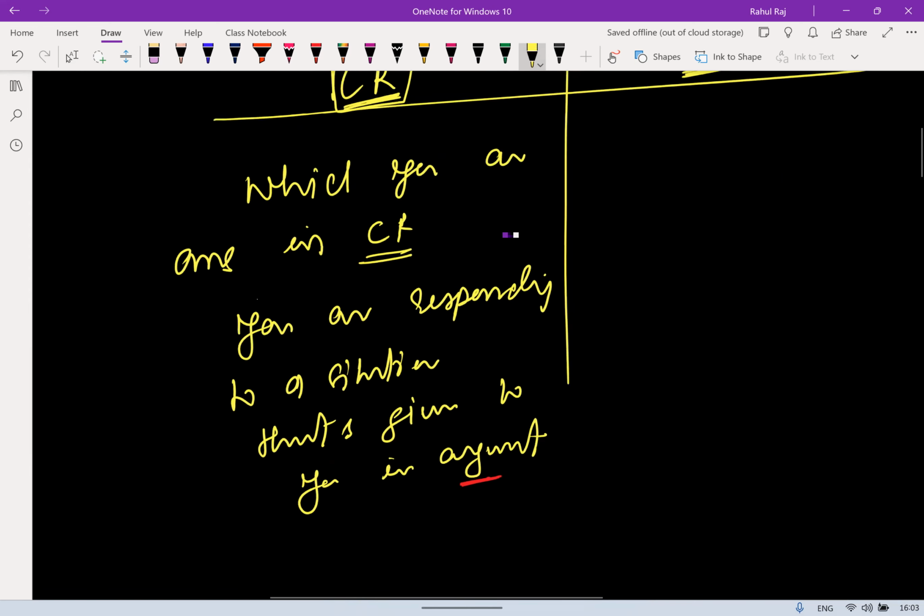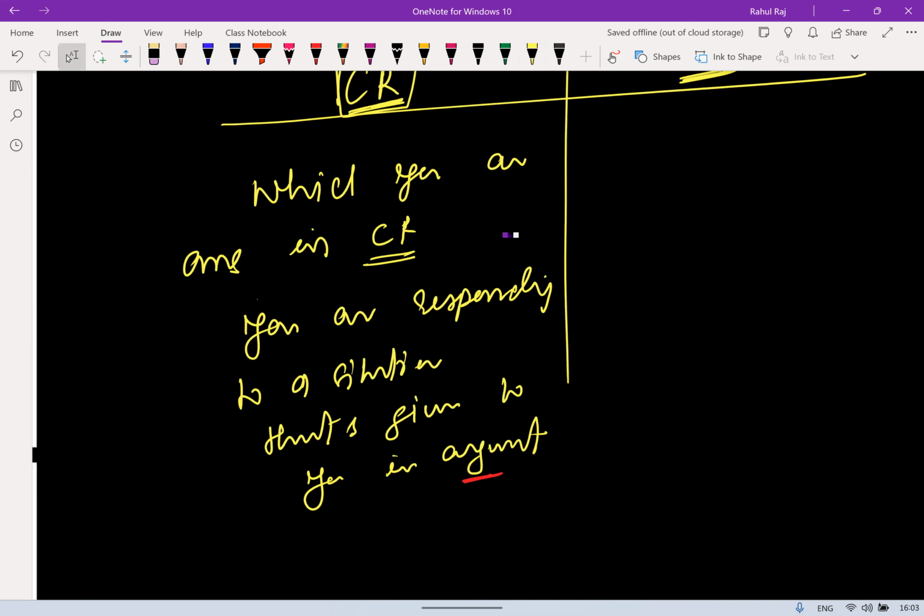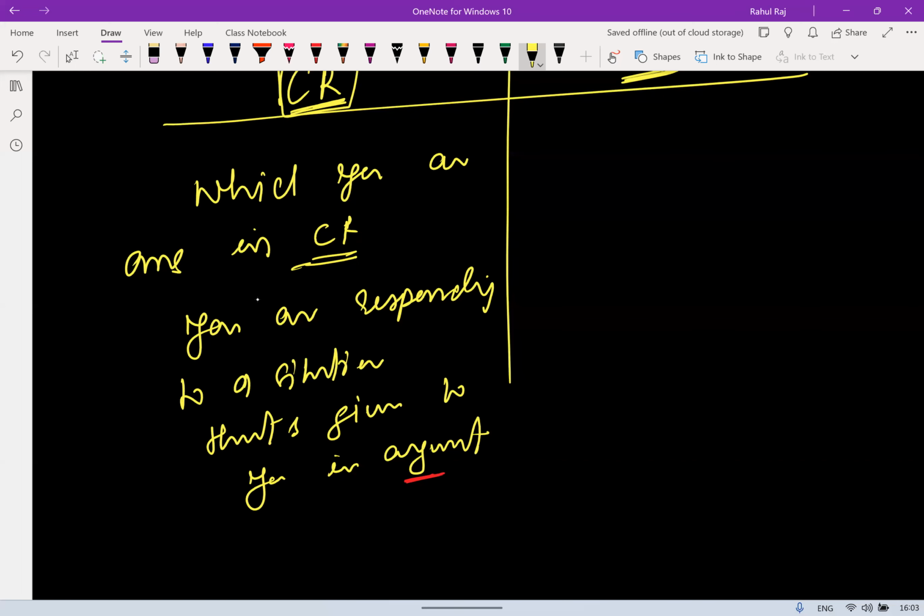So when I ask what is the difference between CR and RC, I'm telling you, while you are marking the answer in critical reasoning, you respond to a situation that is given to you in the argument. Simple logic.